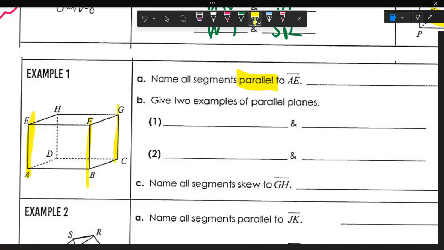So we have FB, GC, and HD. So we can say FB, GC, HD.